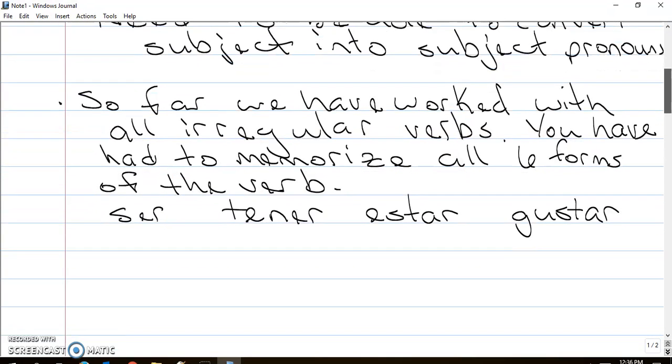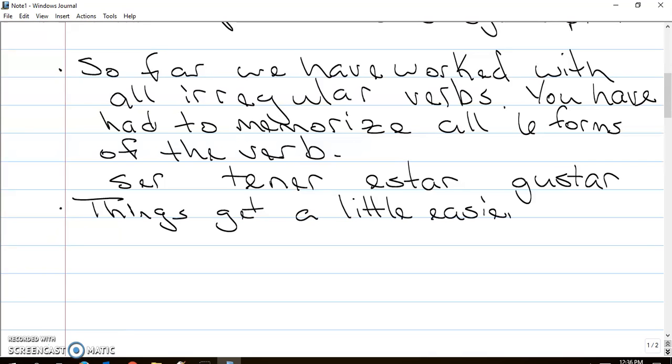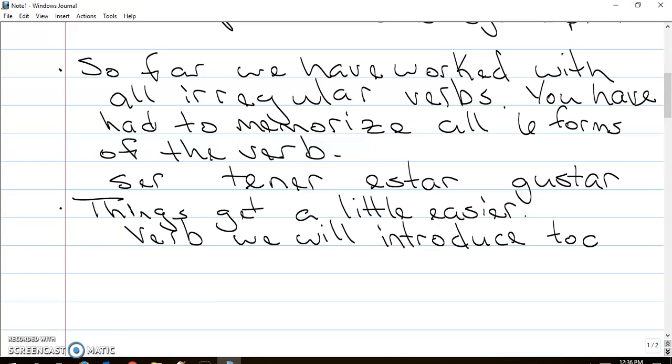Now, the good news is things get a little bit easier. By that I mean the verbs we are going to introduce today follow a set pattern.